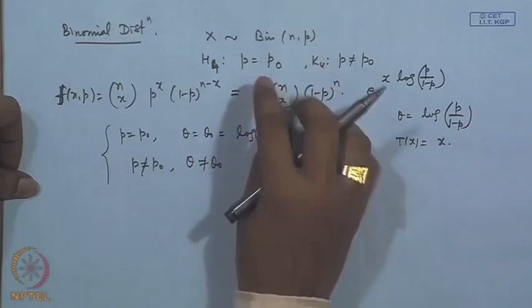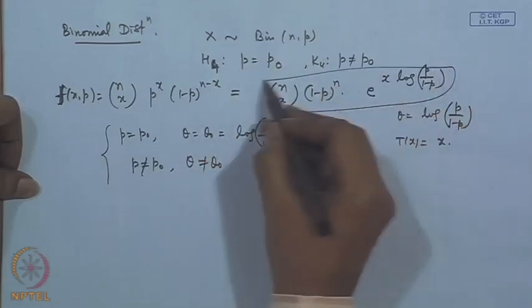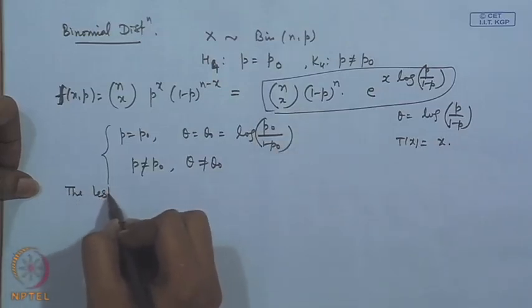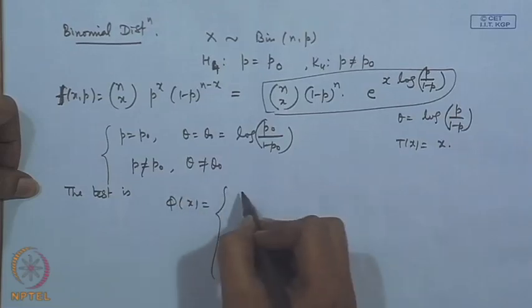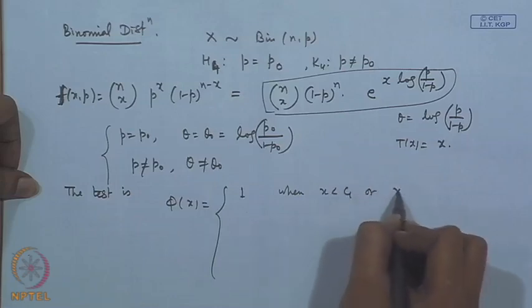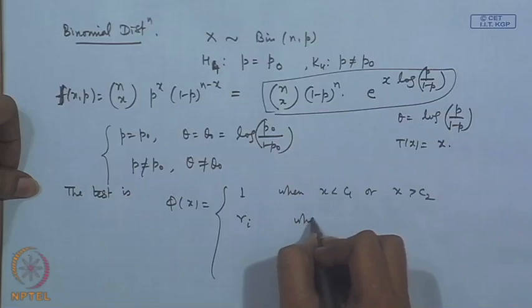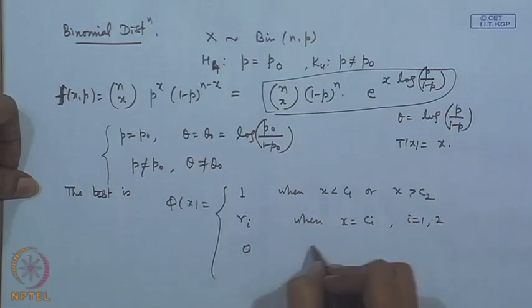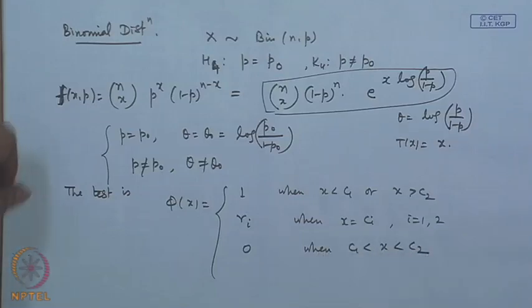So, the hypothesis testing problem is restated in this form, where we are getting the one parameter exponential family. So, the test is phi x is equal to 1 when x is less than c 1 or x is greater than c 2. It is equal to gamma i when x is equal to c i for i equal to 1, 2. It is equal to 0 when c 1 is less than x is less than c 2.